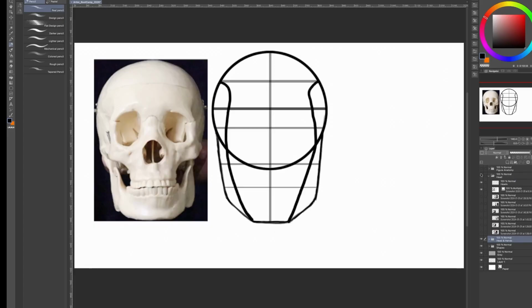So now let's apply what we've learned about simple shapes, complex shapes, and lines as it pertains to the skull, the human head. So I have my skull Horatio as a model for this, and the most used views of the skull.